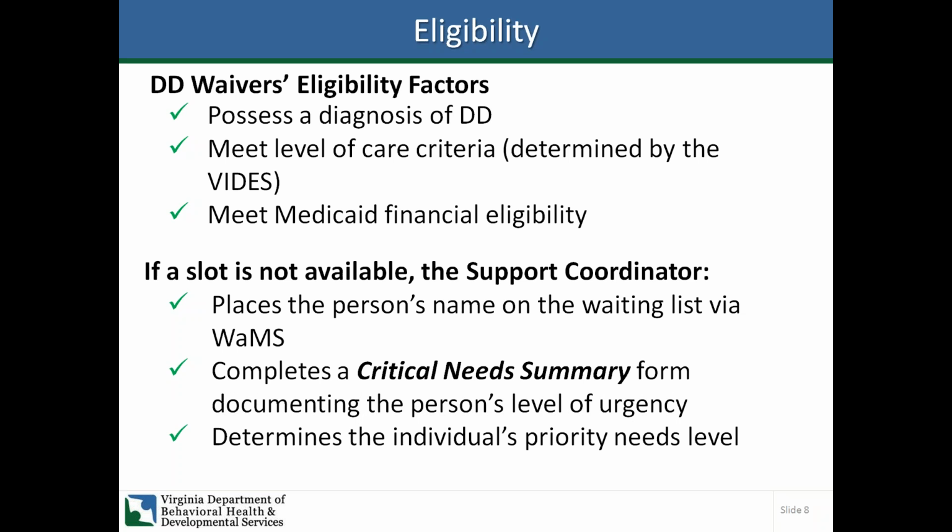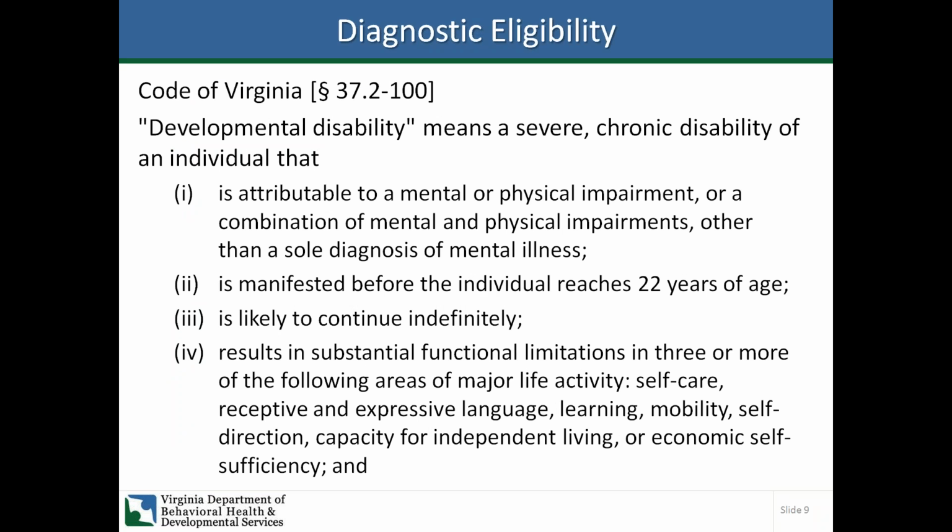The critical needs summary form is also related to an individual's priority needs level, which we'll also get to a little bit later on. So let's break this down a little bit more. The diagnostic eligibility will now be determined according to the Code of Virginia definition of developmental disability, which we have borrowed from the U.S. Department of Health and Human Services Administration on Intellectual and Developmental Disability.